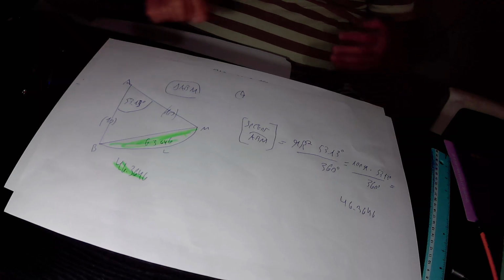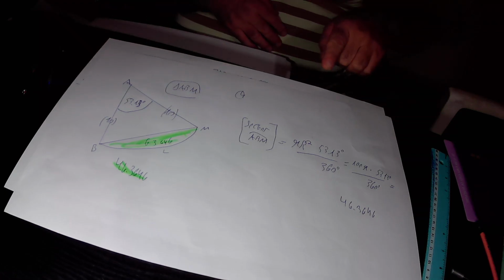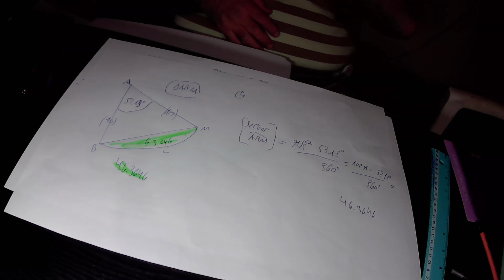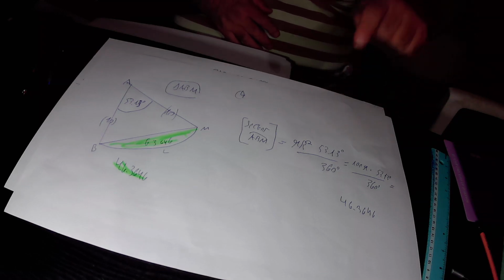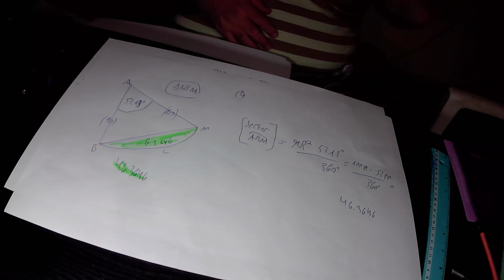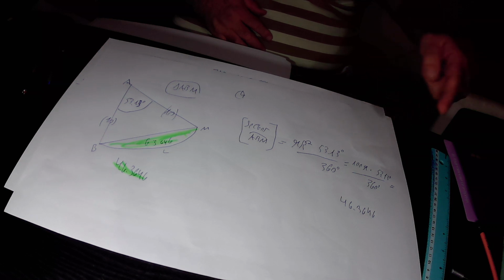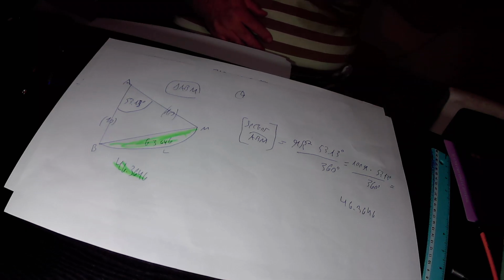The area of sector AB equals pi r squared times 53.13 over 360 degrees. R is 10, therefore r squared is 100, so pi r squared is 100 pi, times 53.13 over 360 degrees.